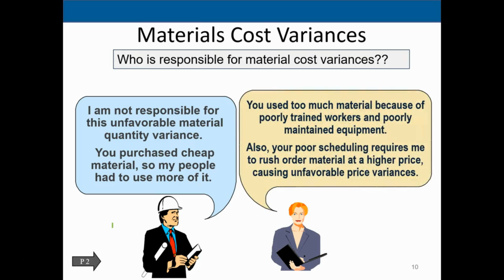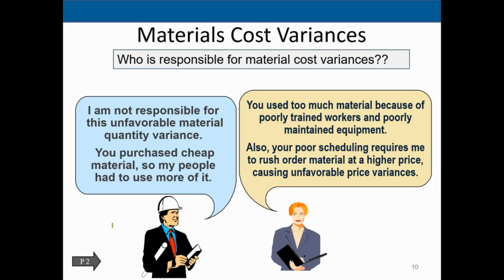And then, of course, if we talk to a different department in the purchasing of the materials, they may say that you use too much material because of poorly trained workers and poorly maintained equipment. Also, your poor schedule requires me to rush order materials at a higher price, causing unfavorable price variances.